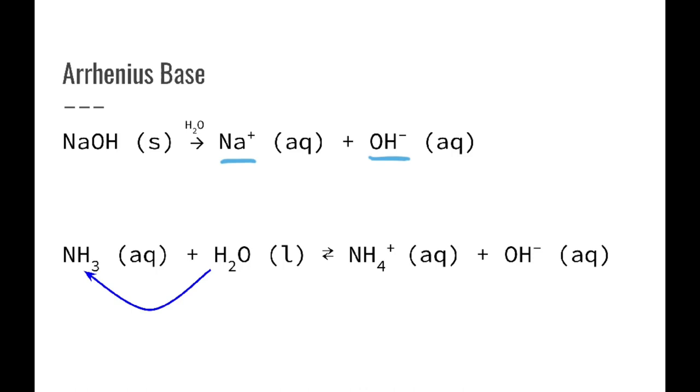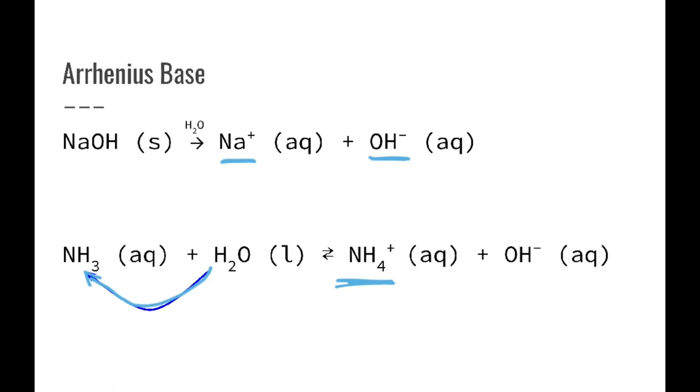Some weak bases, especially ammonia. Ammonia is not an ionic compound, it's covalent, or a molecular compound, which means it will ionize. In this case, water is going to donate one of its hydrogens to NH3, which creates ammonium, NH4, with a +1 charge.